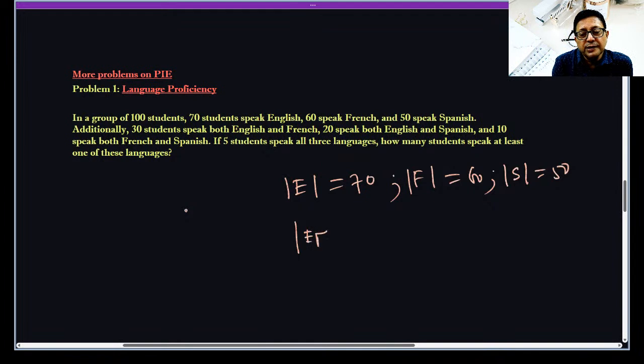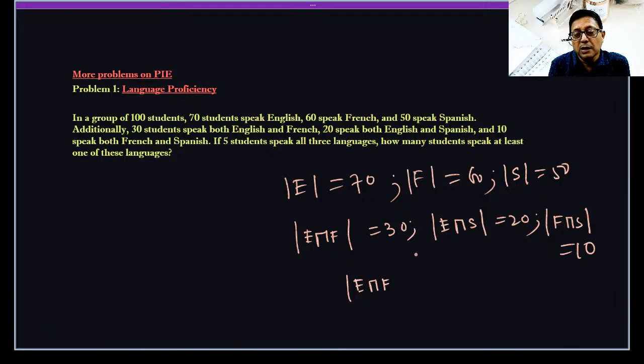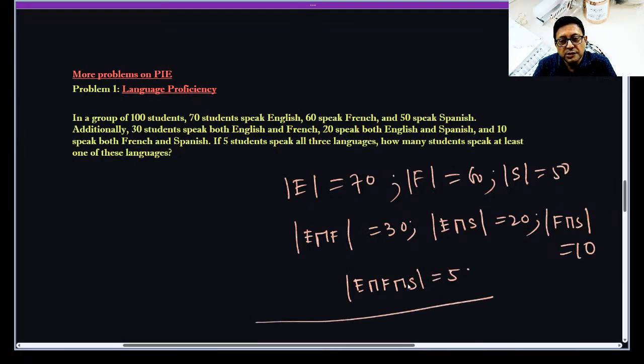This will be ten, and for the intersection, they have given that they speak all three. So this is going to be 5. Okay.